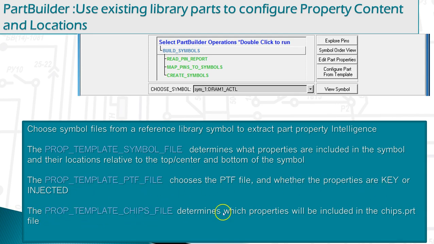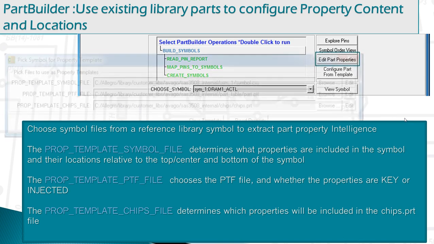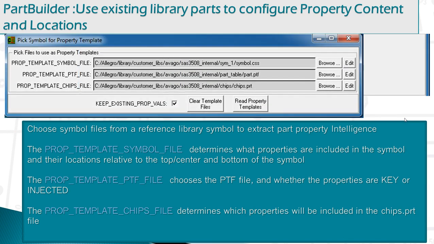And the prop template chips file determines which properties will be included in the chips.part file. It's a little simpler for OrCAD, PADS, DX Designer, and Altium. So it lets us pick the files as a template.